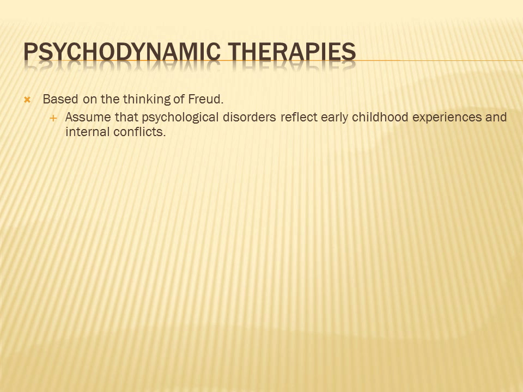Actually we talked about them in the chapter about personality. We talked about the various stages of psychosexual development, and we also talked about the structure of personality, and you can refer back to that in order to refresh your memories.